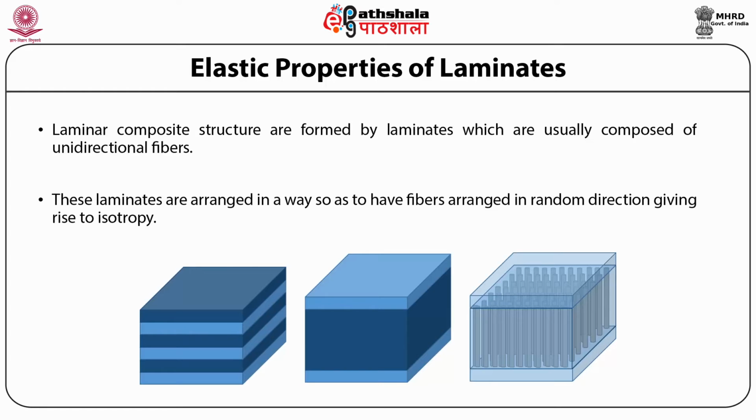They can be arranged in only two primary directions, or they can be arranged so as to give a random average orientation to fibers, or something in between. In order to understand the properties of a laminate, we need to look into the elastic property of a single ply laminate, which we will discuss later on.